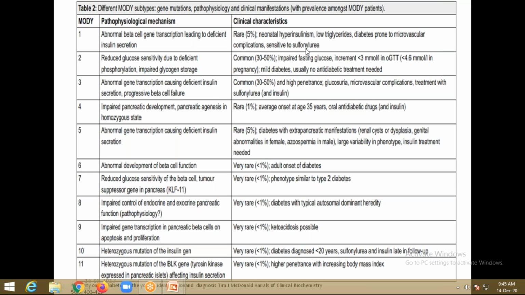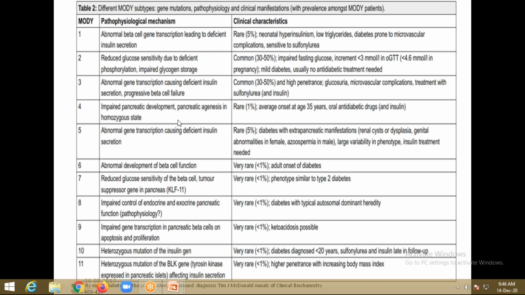Initially I also told you why we should not misidentify MODY as type 1, because type 1 is not responsive to sulfonylureas, whereas MODY is responsive to sulfonylurea. So if you think in terms of MODY, you can give a trial of sulfonylurea. If you are not thinking in terms of MODY, then you go with insulin. Whenever you have a doubt, it's always better to rule it out by giving a trial of sulfonylurea. If the patient responds, it should be MODY.